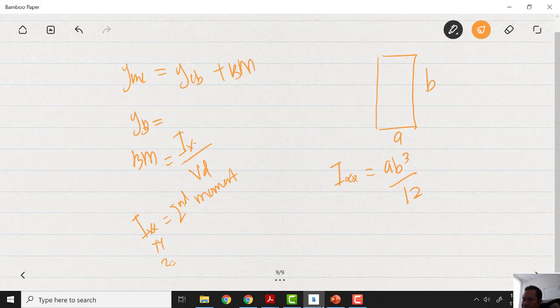If you are talking about the smallest second moment, which one should be small in order for the value of the second moment to be small? A or B? It's A. We choose A. Here is B, A powered by 3 over 12. It's the same second moment. Why do we choose A powered by 3? Because we want this moment to be the smallest. If you use B powered by 3, the moment will be bigger. Okay? Alright, I hope you understand.